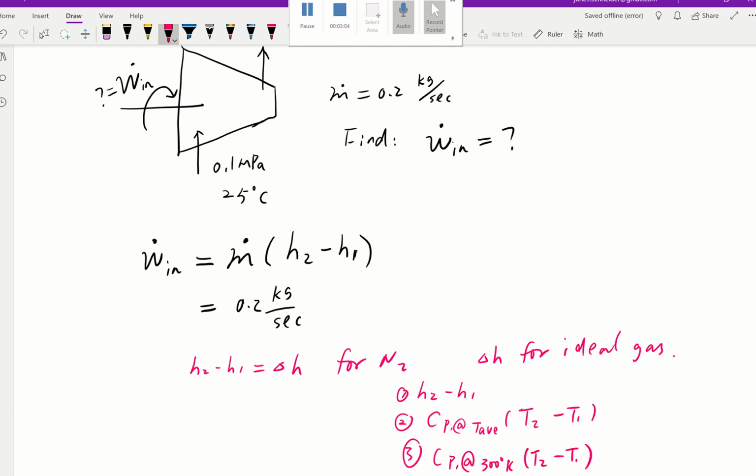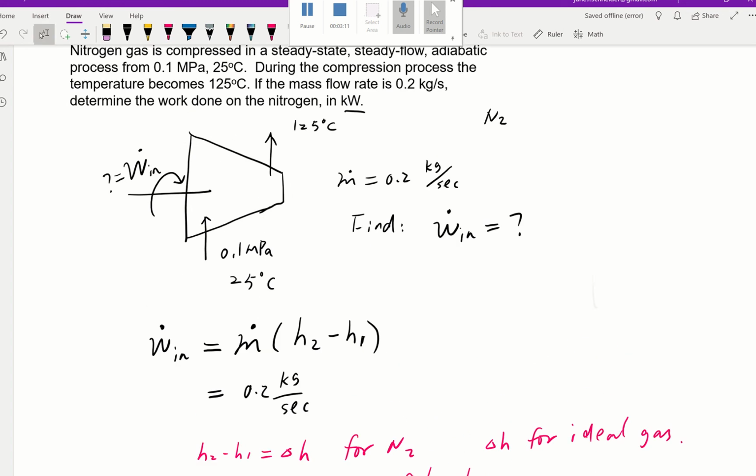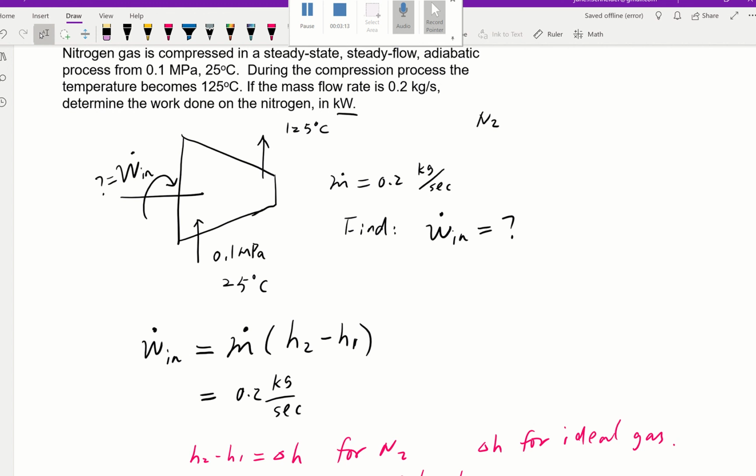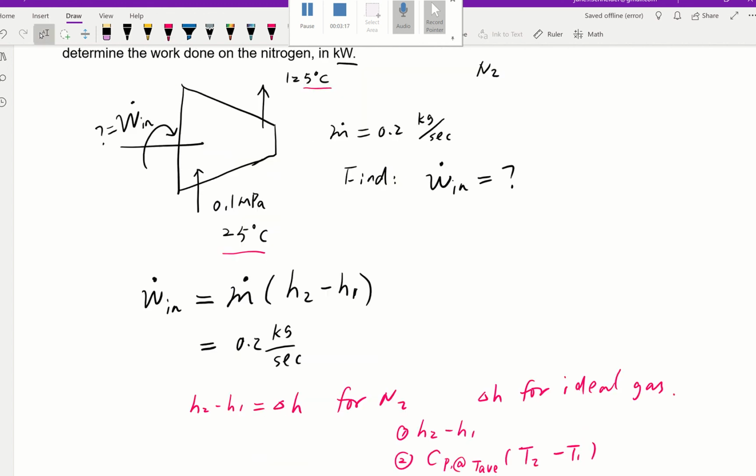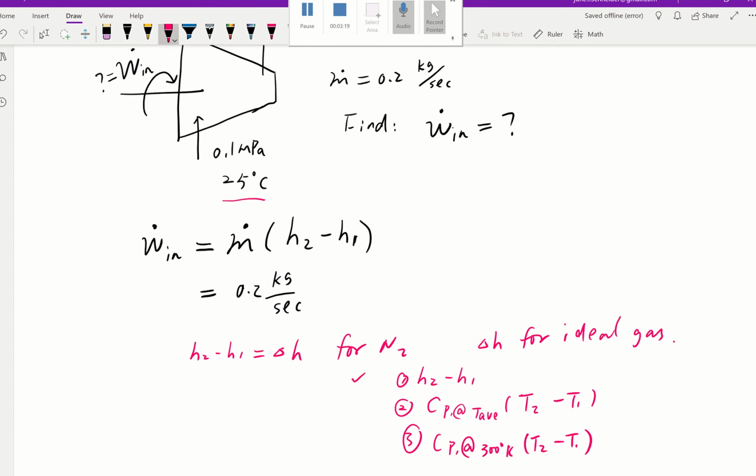Those are the three different methods, and we have to decide which one to use here. Since they give us these two temperatures, we can use method 1 or method 2, and that would be pretty accurate. You can potentially use 300 Kelvin as well, but here I'm going to use the second method.